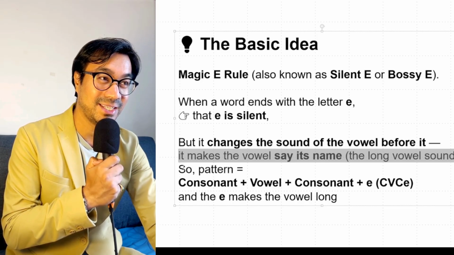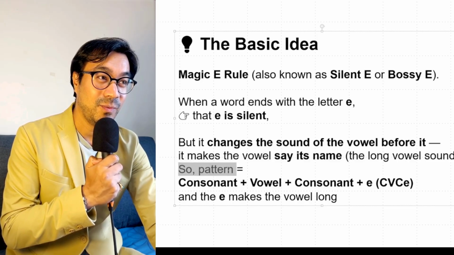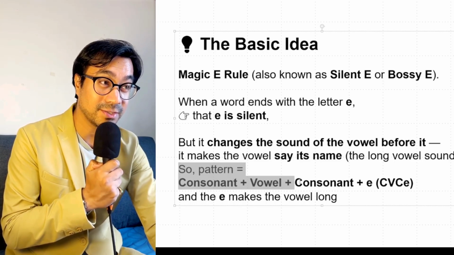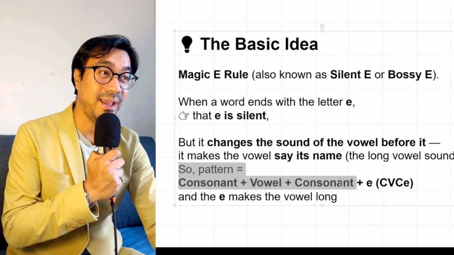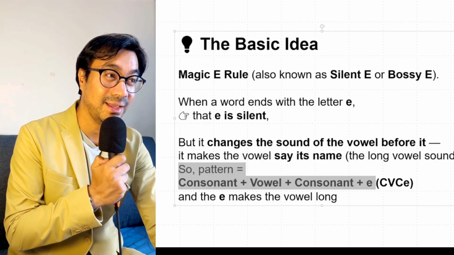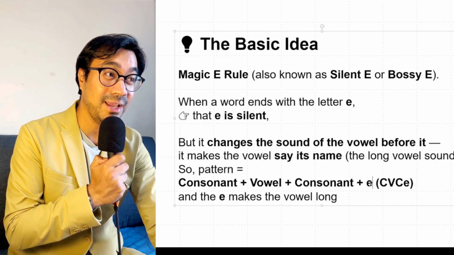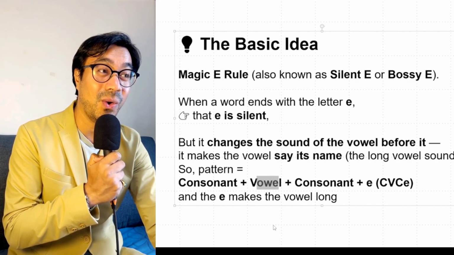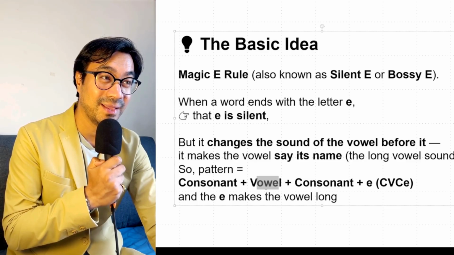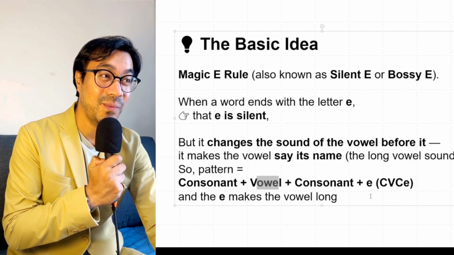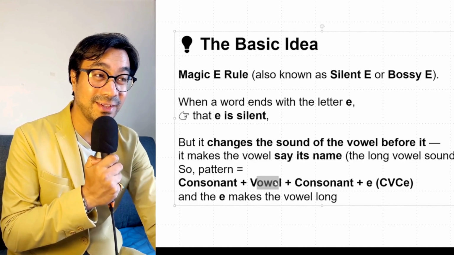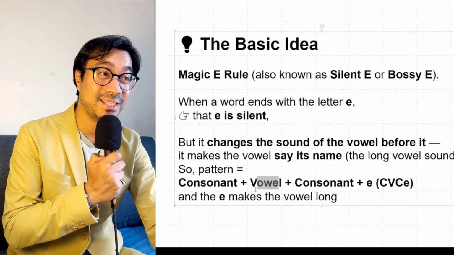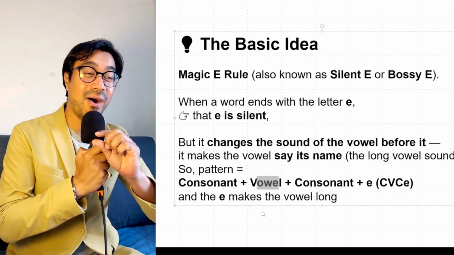So let's see the pattern. If there is a consonant, a vowel plus a consonant, and the word ends with E, then this E will make the vowel say its own name. That means the vowel will be a long vowel.